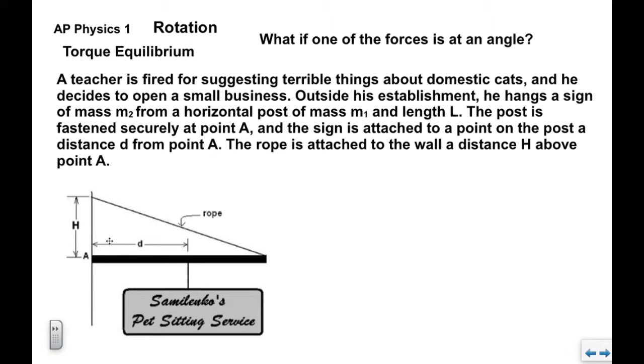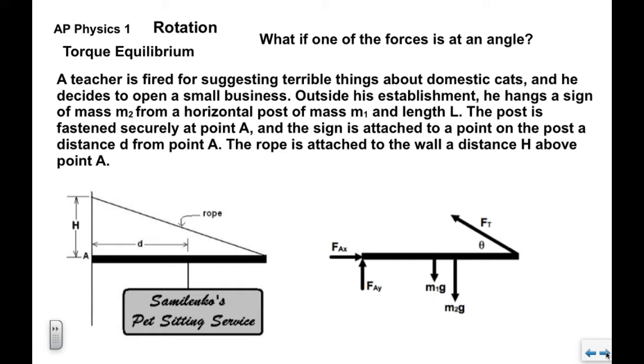The sign itself is hanging at some distance d from the wall here. So first we need a free body diagram. We know that ropes can only pull, so when we look at the beam itself, the rope is going to pull with some angle theta up and to the left.